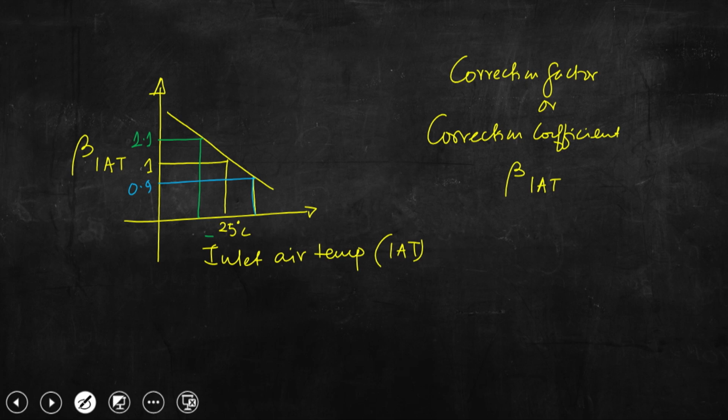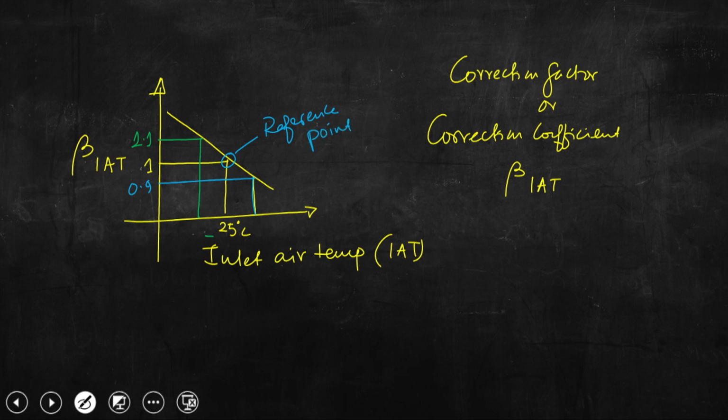So, depending on the inlet air temperature, beta IAT, the correction coefficient for inlet air temperature, changes from the reference point. What does it mean?